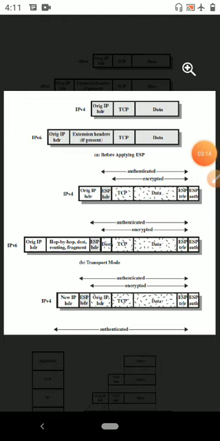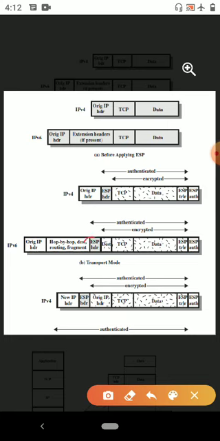Next, for IPv6, ESP is viewed as an end-to-end payload. That is, it is not examined or processed by intermediate routers. Therefore, the ESP header appears after the IPv6 base header. See here, this is the ESP header and it appears after the IPv6 base header.